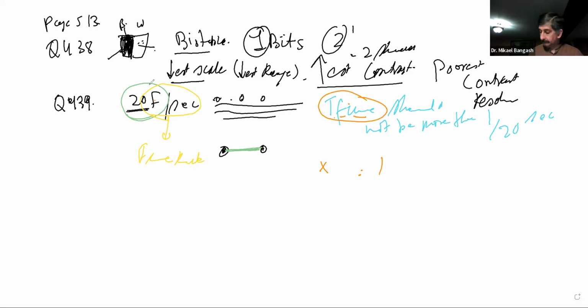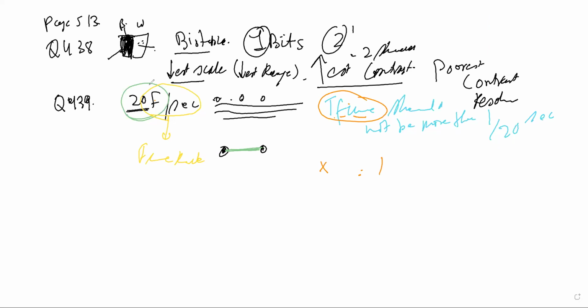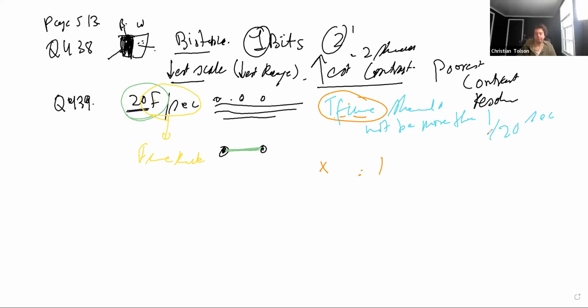Did that make sense? So if your frame time was more than 1/20th of a second, then your frame rate will be less than 20 frames per second. And the question still is, why would this be more and then this here become less?